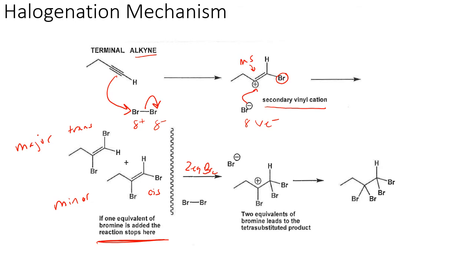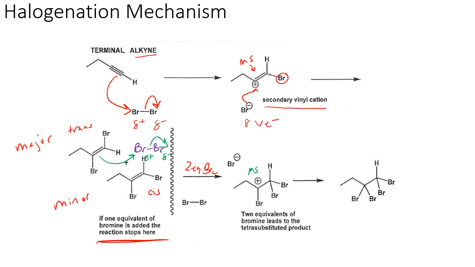So what we're going to see is our similar reaction to what we had when we just had an alkene. So if we draw this over here, our Br2, what we'll do is we'll have one side that becomes partially positive, the other side that becomes partially negative. Our alkene is going to attack. The covalent bond is going to break. We're going to get a carbocation on the more substituted side.